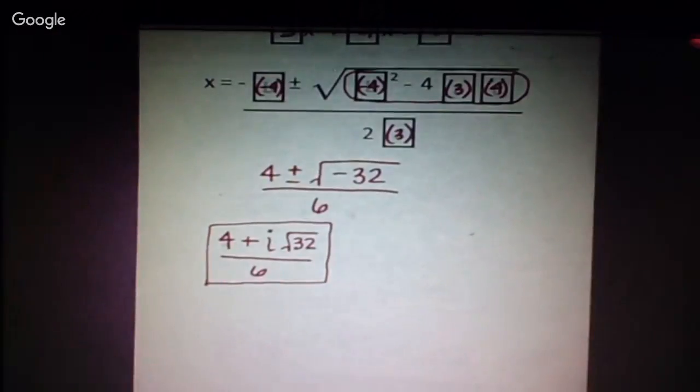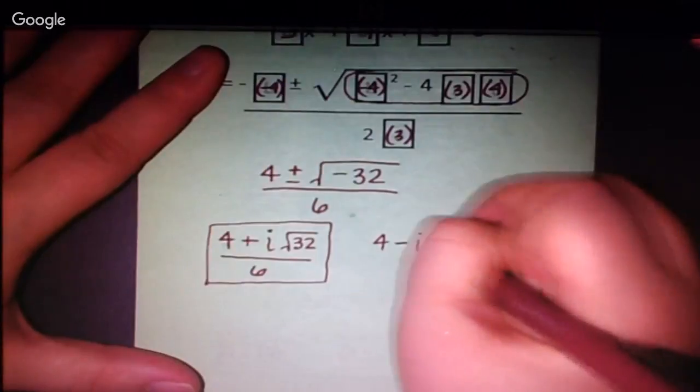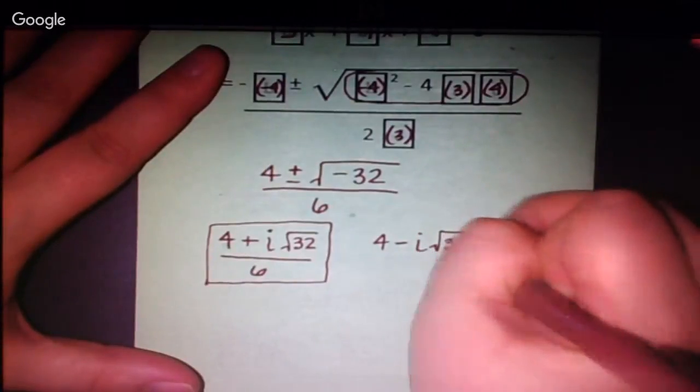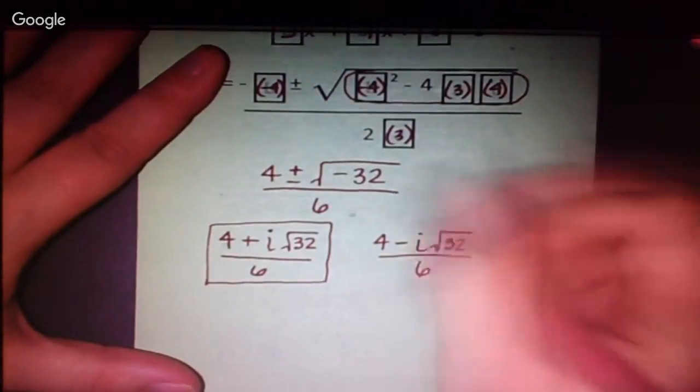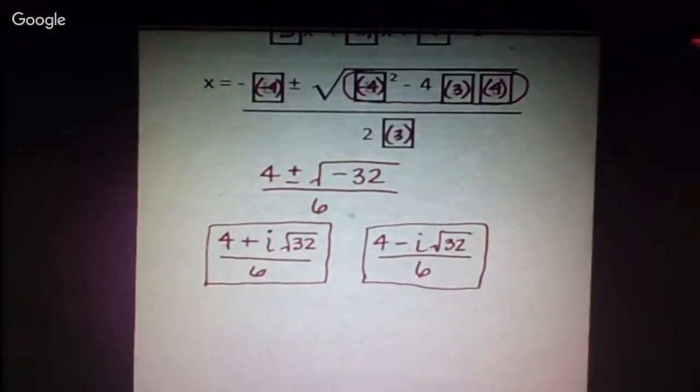They may have it together as 4 plus or minus. They may have it separate. I'm not sure how they're going to do it. So it's going to be the exact same thing, except this time we're subtracting. So would that make the negative a positive? Wait, never mind. No, because it becomes i. Fine.